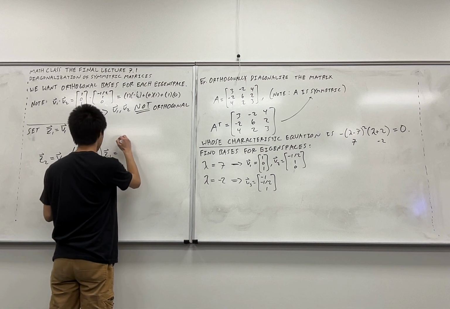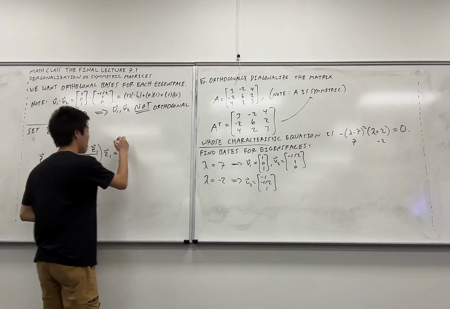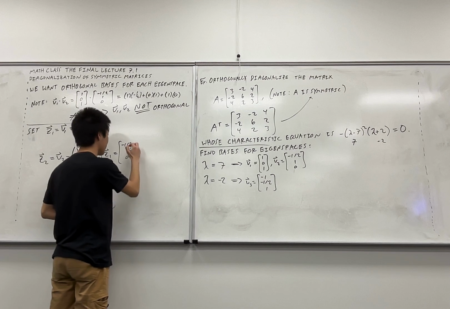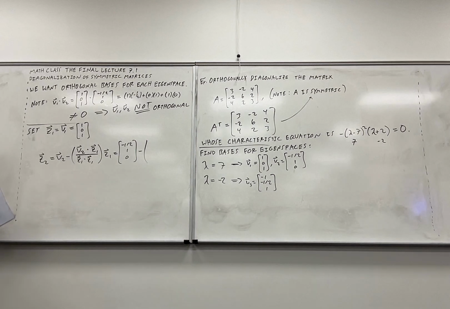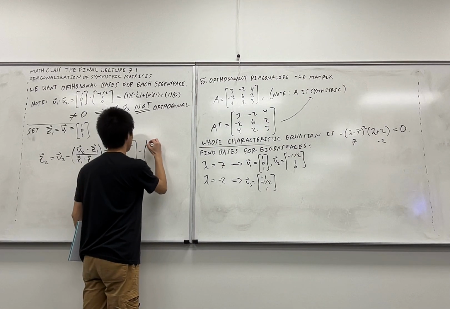What is V2? Negative 1 half, 1, 0. I'm just pulling that from the work I would have done previously. Minus, so let's compute these dot products. V2 dot Z1, and here's my Z1. We already did that. It's 1 half minus 1 half.